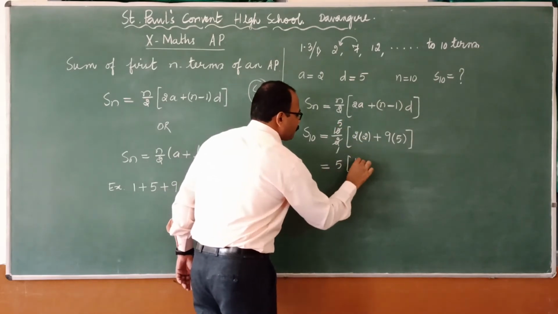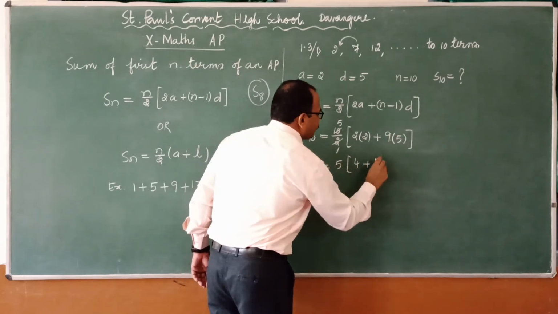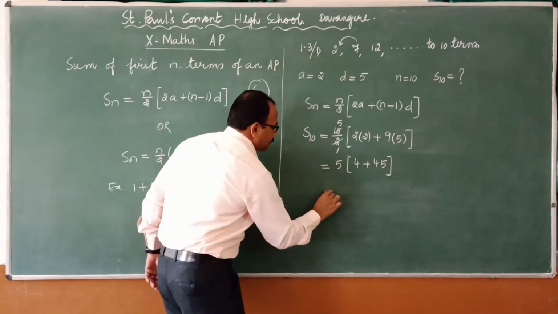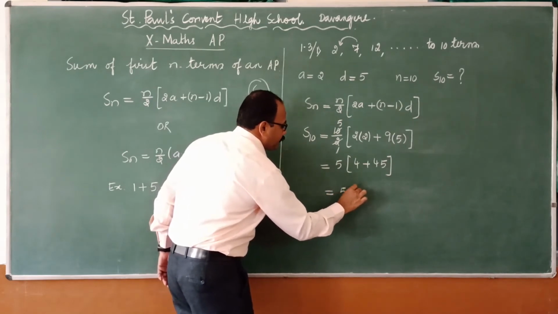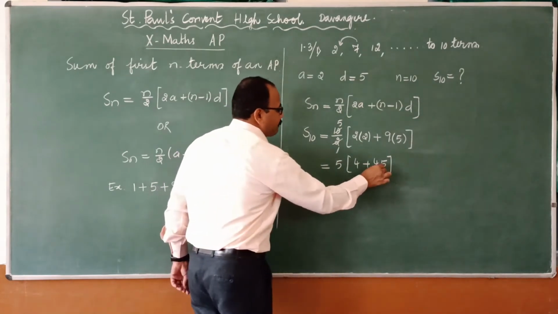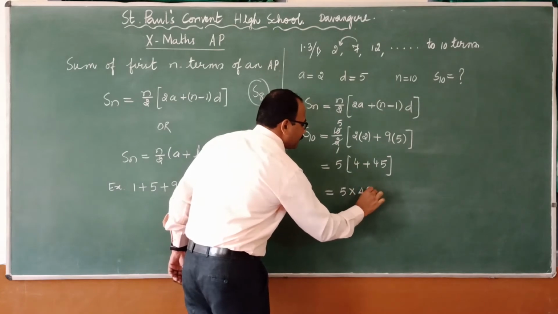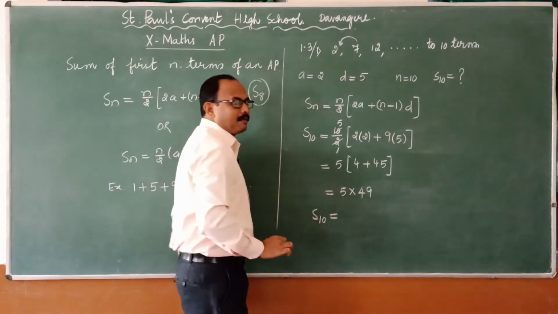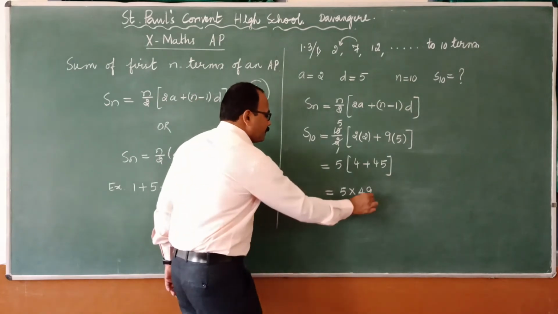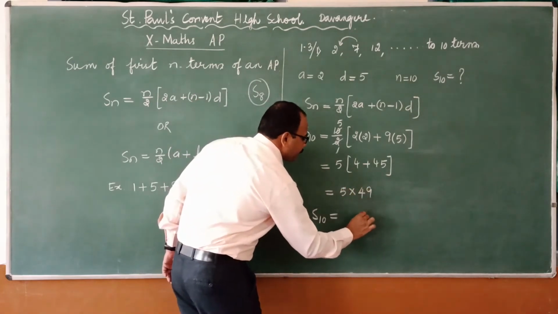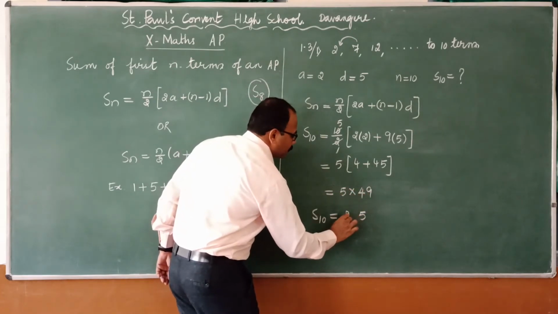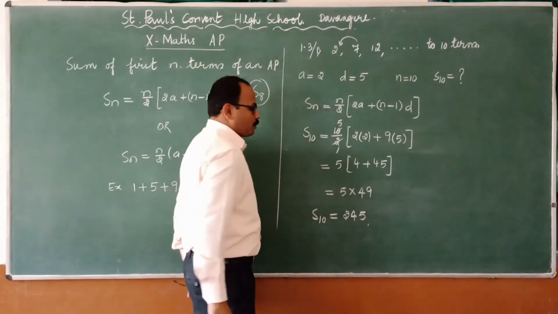2 2s are 4 plus 9 5s are 45. S10 is equal to 5 into 45 plus 4 becomes 49. Just multiply these two and write down, that will be your answer. 9 5s are 45, carry 4, 4 5s are 20 plus 4, 24, so 245.